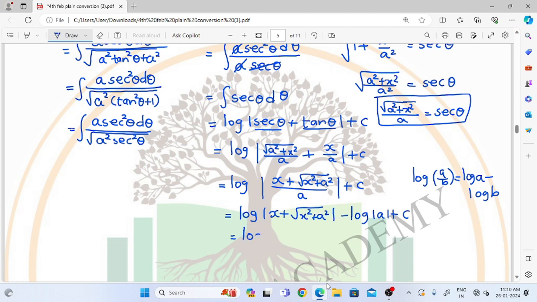So this part as it is, log of x plus square root of x square plus a square, that we want, and this is a constant part, so let's say this full thing is nothing but c1, that is a constant. Okay, so minus log of modulus of a plus c, that we have called c1. So this is our RHS.